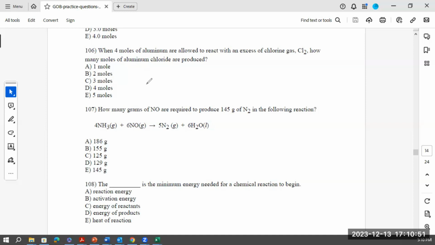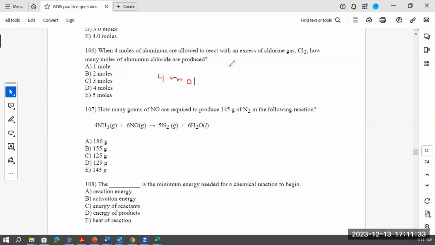I'm going to write 4 moles of aluminum, but I should probably do something else first. Let's think about what's here. What do we have here that's missing up here? A balanced chemical equation. That's right.